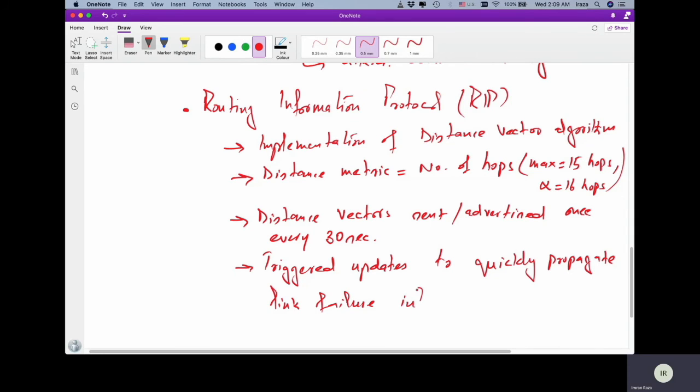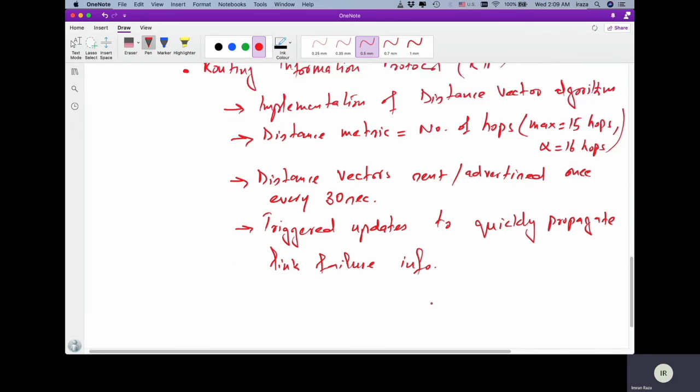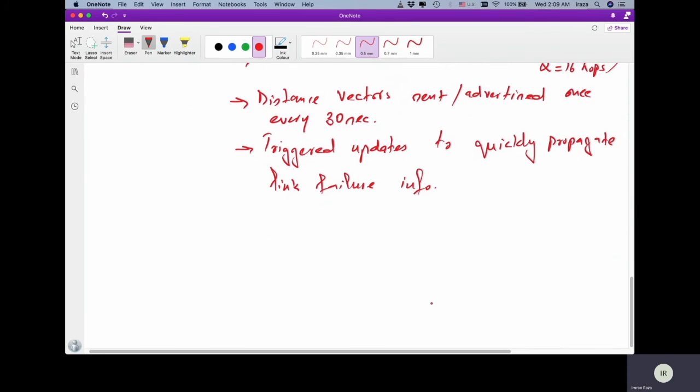Link failure information. Most importantly, we did discuss last time that OSPF is sent over IP without using any TCP or UDP.